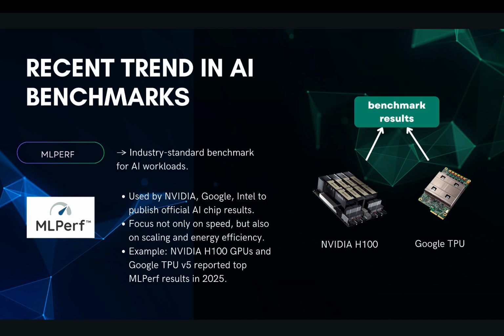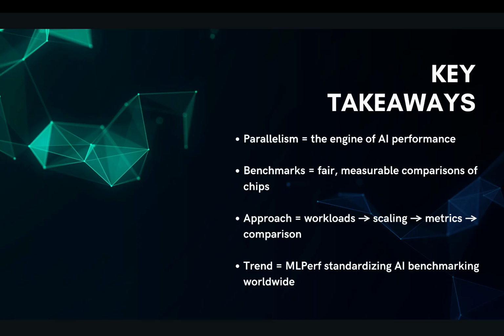For example, in 2025, NVIDIA's H100 GPU and Google's TPU v5 achieved record MLPerf results, demonstrating not just speed but scaling efficiency and energy performance. This trend is key because it gives researchers, companies, and students a fair way to compare different AI chips on the same benchmarks.